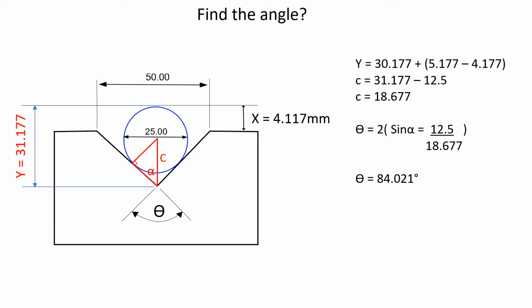Now all I have to do is subtract the radius of the roller, and I have a hypotenuse. Using sine, I can work out the angle A, double it, and I have the included angle theta. This can be confusing, as the smaller X dimension means that the groove is actually deeper.